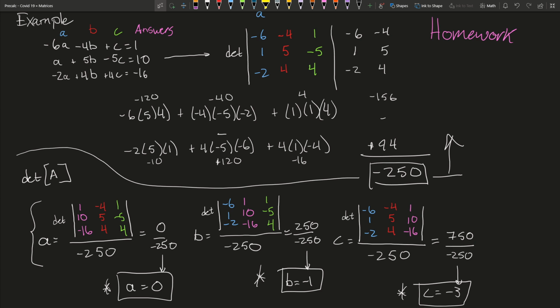All right, your homework is on that same worksheet that you did before, except it's numbers 18 and 19. And I want you to do those using Cramer's rule. Okay, so you have to solve those systems of three equations using Cramer's rule, like what you see on the screen.